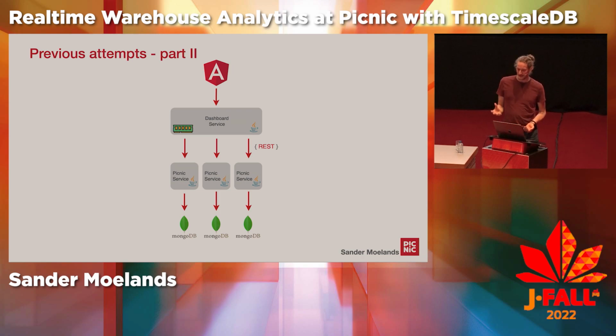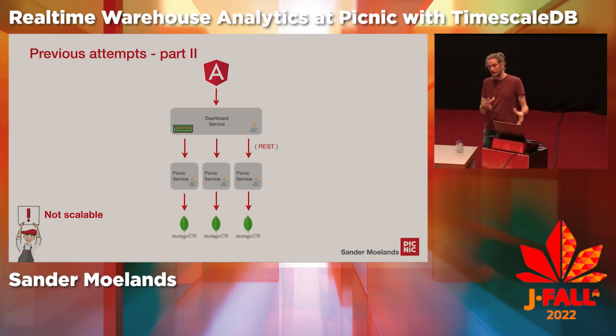And what we basically did is do the same idea, query our services, get the information back, put it all in memory of that service. Really nice, worked pretty well, but not really scalable in the end, unfortunately. So again, nice try, but with Picnic constantly growing, it was not our ideal solution.